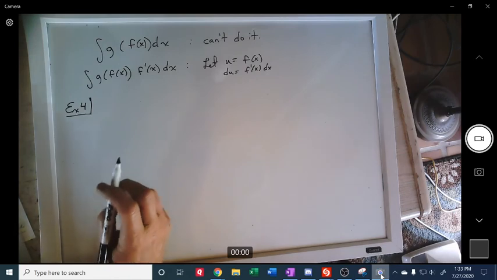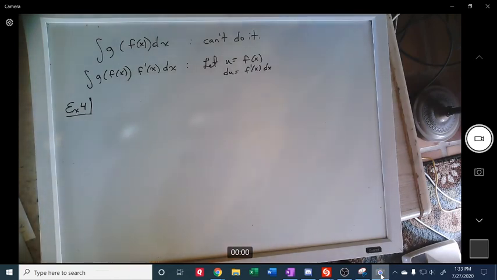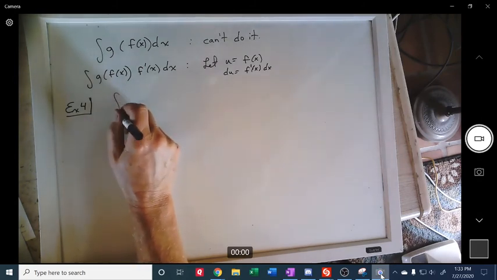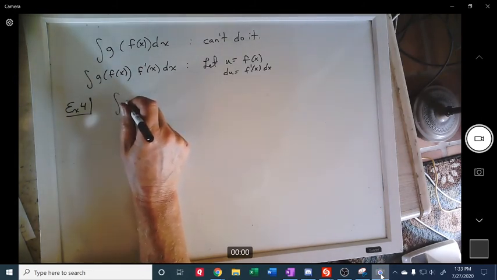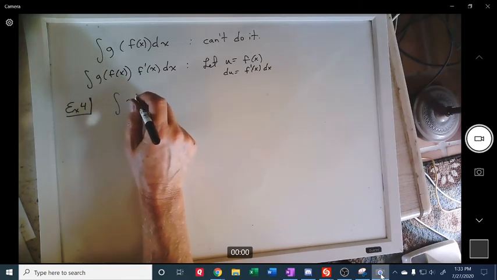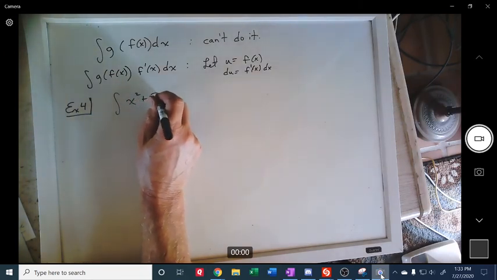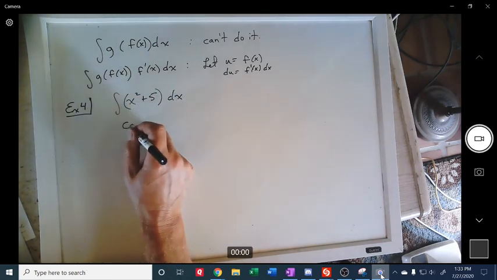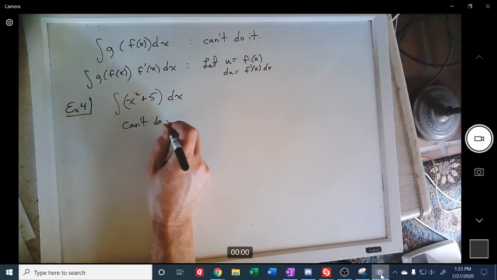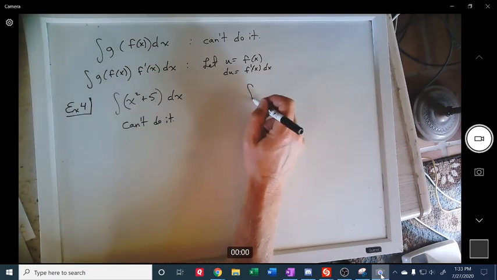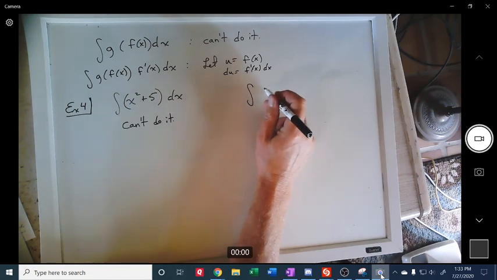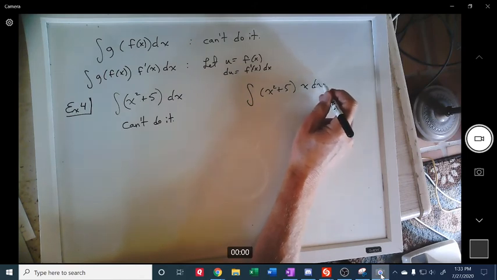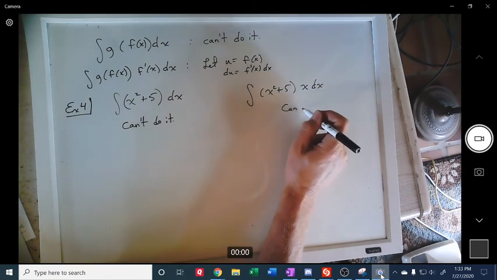All right, so example 4, I'm not going to do these problems, I'm just going to show you something. The integral of x squared plus 5 dx, we can't do it. While the integral of x squared plus 5x dx, we can do.